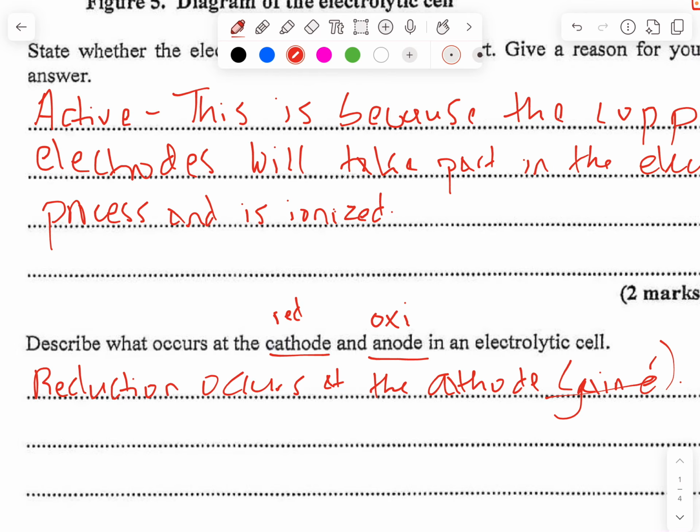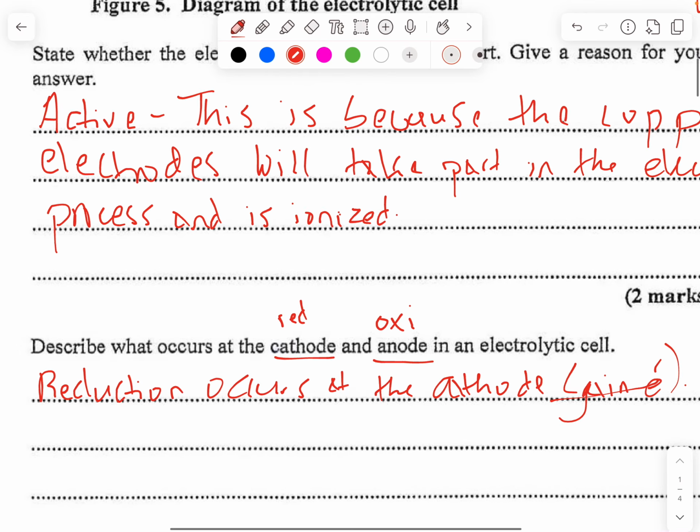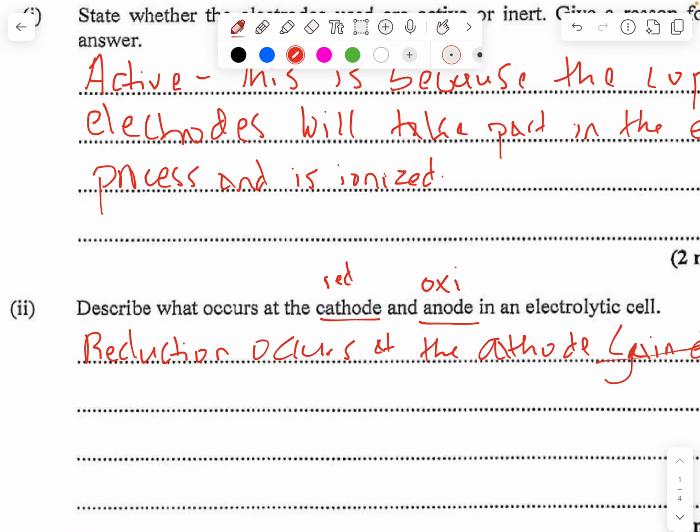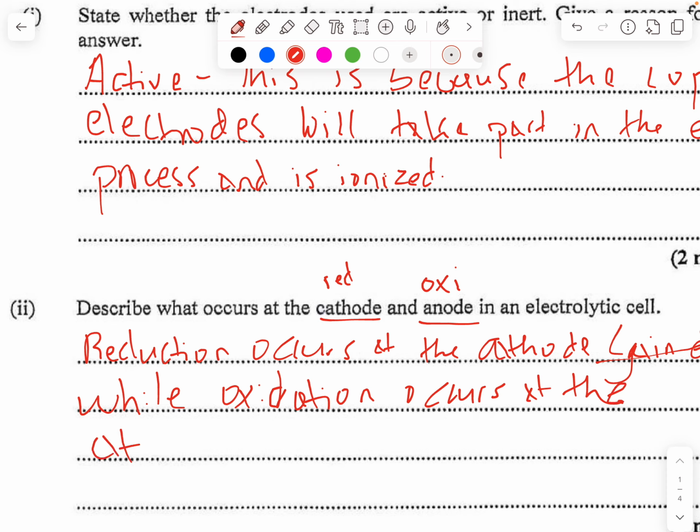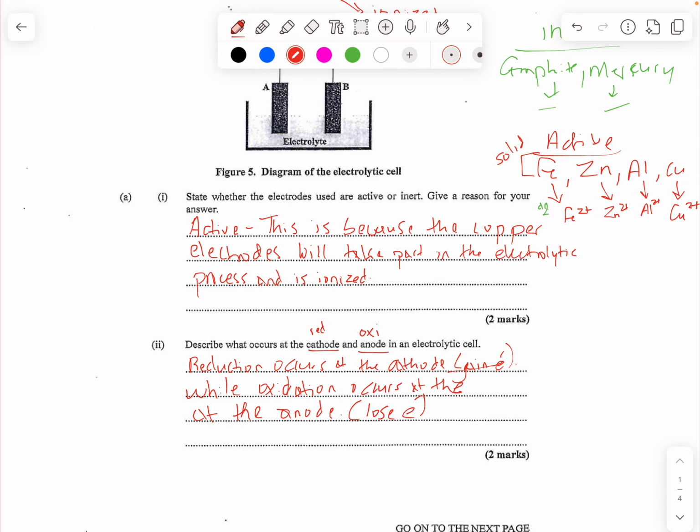And whenever you do answer your questions, please put them into complete sentences. Yes, so reduction occurs at the cathode while oxidation occurs at the anode. And oxidation is the loss of electrons.